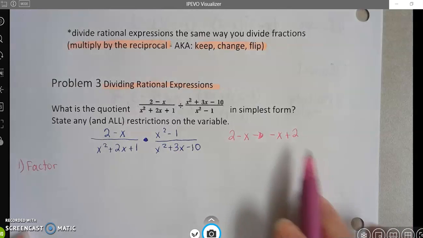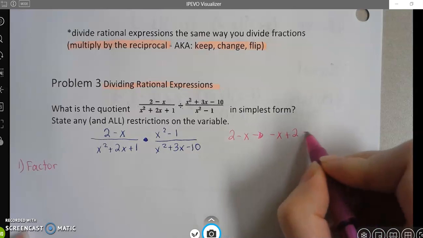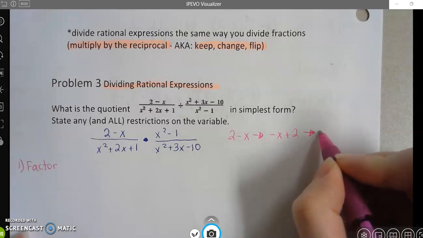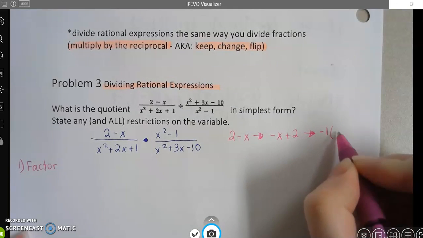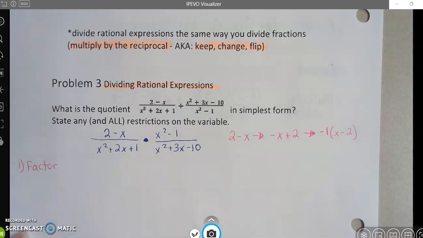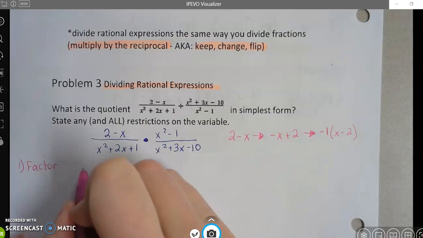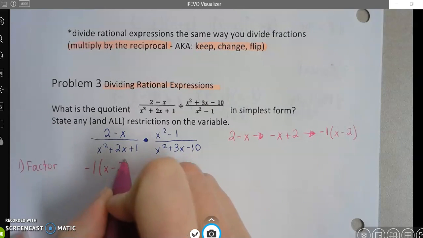And then we can factor negative x plus 2 by pulling out a negative 1, which leaves us with x minus 2 inside. So 2 minus x is the same as negative 1 times x minus 2.